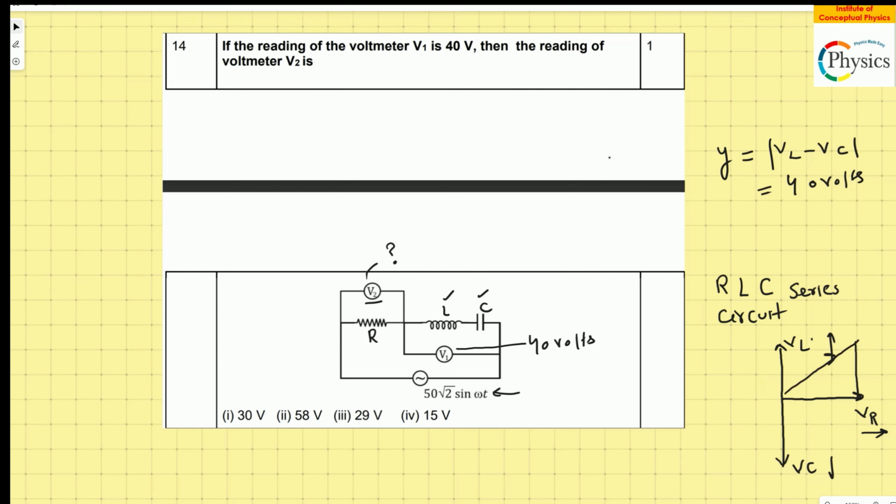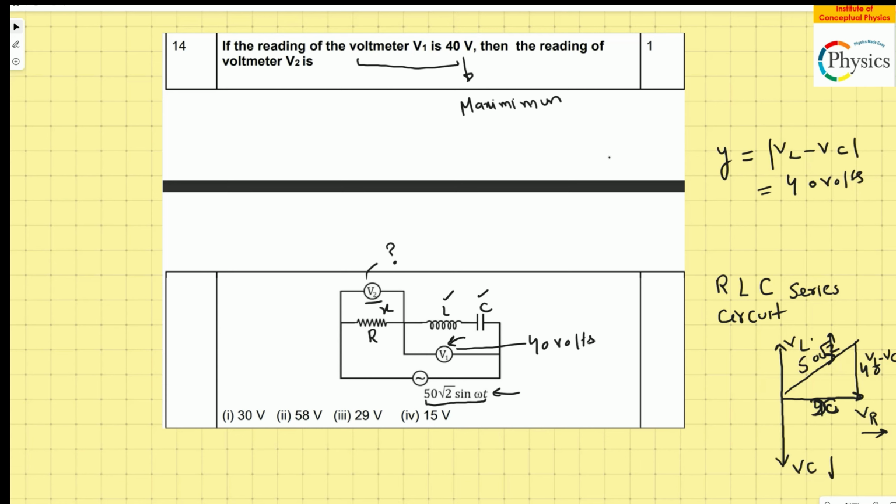The voltmeter measures what is called the maximum voltage, because in an AC circuit the voltage fluctuates continuously. So this is VL minus VC, which has been given to you as 40, and you have to find x, the voltage in this, and the resultant is given to be 50 root 2.